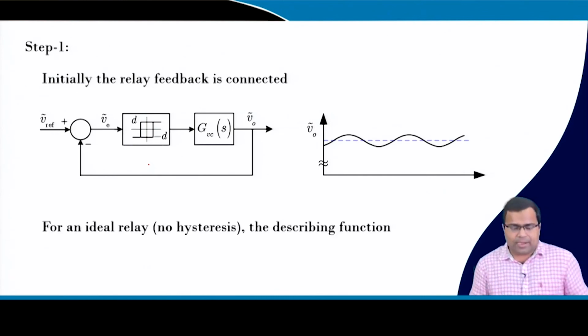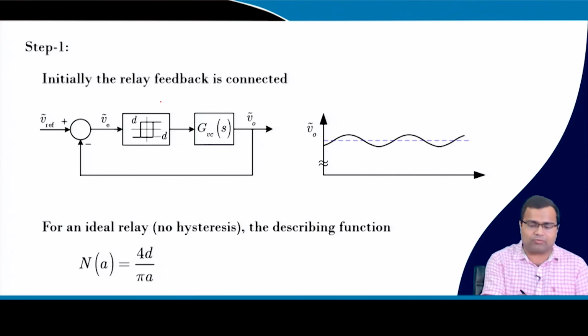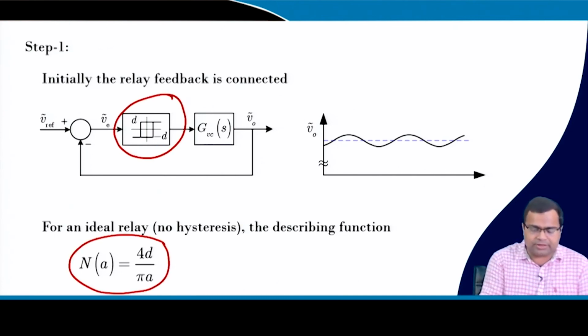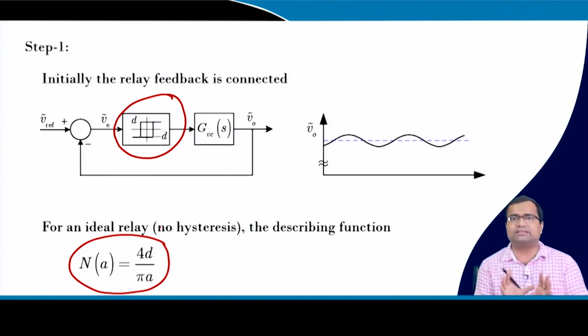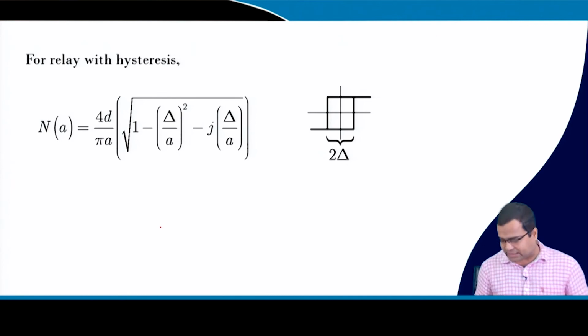Okay. So, using the describing function we can obtain the gain of this particular block. This is for a pure relay where there is no hysteresis, but with hysteresis we will get a complex term.